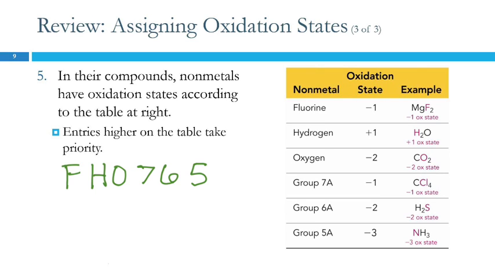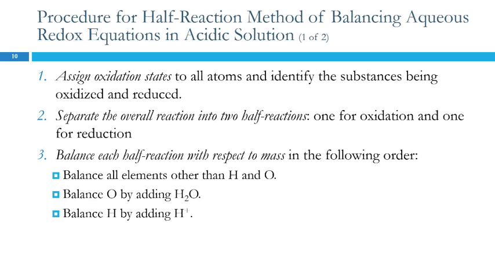So the oxidation states match the charges of these elements when they are ions. FHO765 just tells us who gets to pick first. Because sometimes you have a situation where this one wants to be -2 and that one wants to be -1, and they can't both have what they want. So the list of priority tells us which one goes first. So any questions about that?